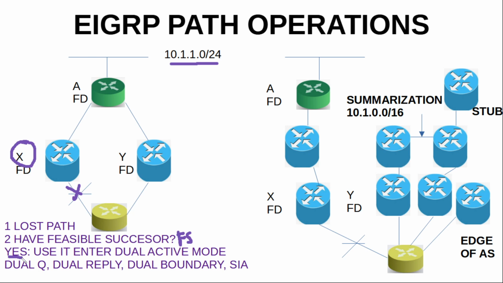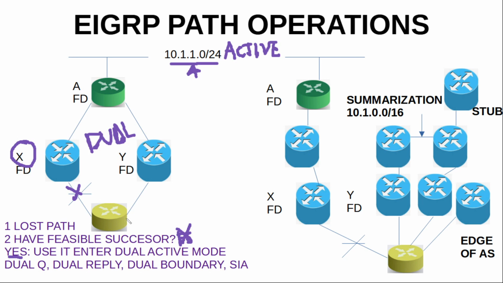However, if there are no feasible successors for this destination, then the EIGRP DUAL process kicks in. DUAL becomes active, and this prefix is tagged as active in the EIGRP topology table.